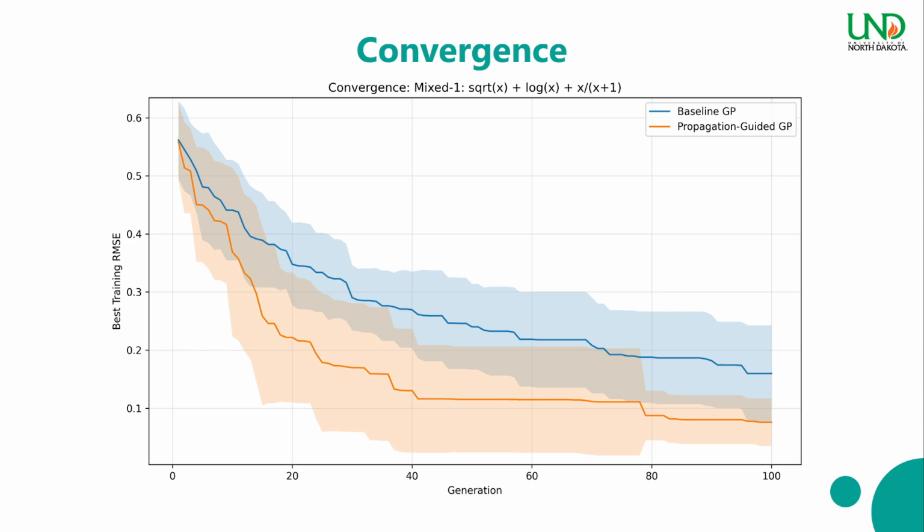The propagation guided method reaches a lower error and does it more reliably across runs. What this reflects is less wasted effort. The baseline is repeatedly generating and evaluating infeasible expressions, which disrupts the search. Once those are filtered out, the search stays focused on the valid regions only, and then you get more consistent improvement over time.